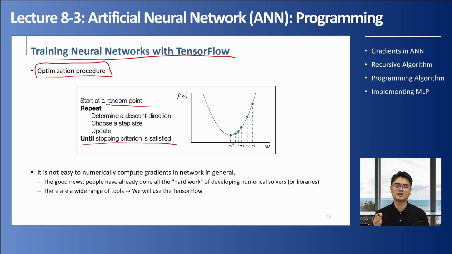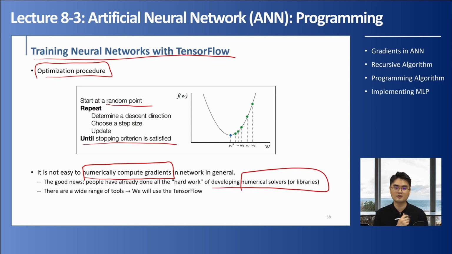During these steps, we already know that we need to calculate a lot of gradients in our neural networks. And even though we know how to solve all of the gradients by hand analytically, we can do this very easily by using numerical solvers that many great researchers have developed in the past. And especially, I told you that we're going to use Keras in TensorFlow.